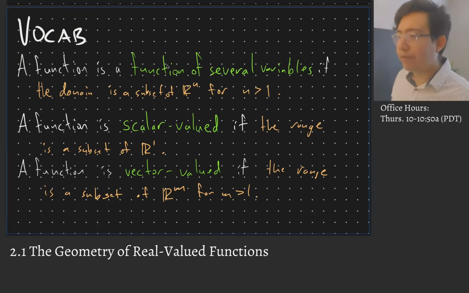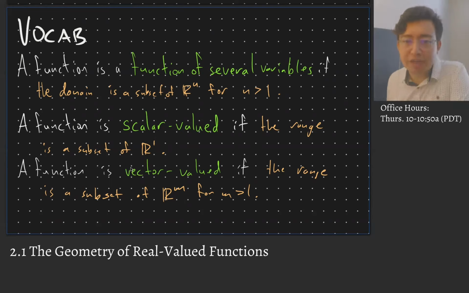So for a function of several variables, the domain takes in multiple inputs. Talking about scalar valued or vector valued means the outputs are scalars, which is to say that the range, the outputs are scalars, or m equals 1. So scalar is if m equals 1, and if m is bigger than 1, then we call it vector valued. Can a function be of several variables and vector valued? Absolutely. In fact, we're going to see a lot of those.